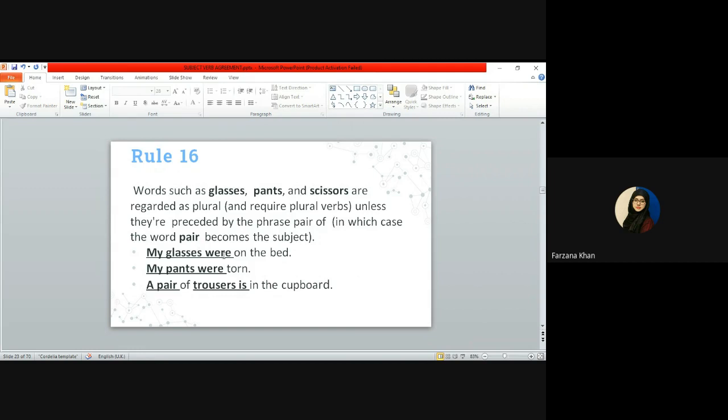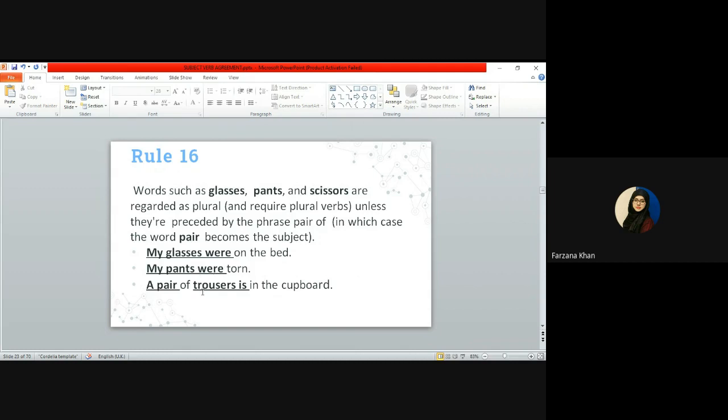My glasses were on the bed, right? In the next sentence, you can see my pants were torn, or you can simply say my pants are in the cupboard. Although the word is singular in sense, it is recorded as a plural subject, right? So here you will always use a plural verb.